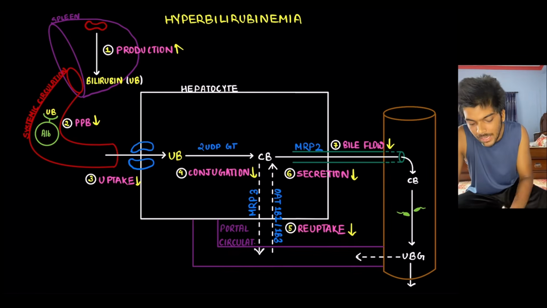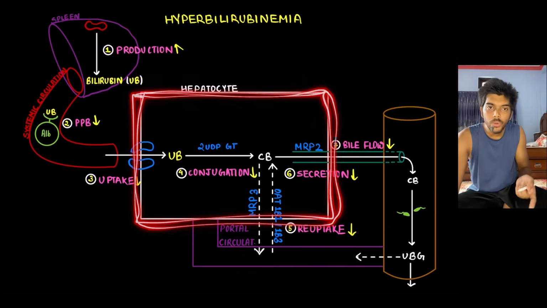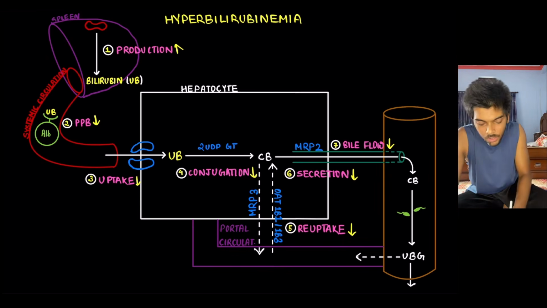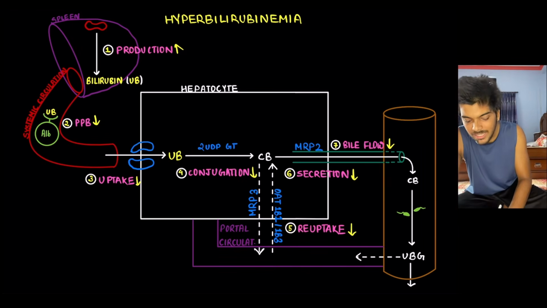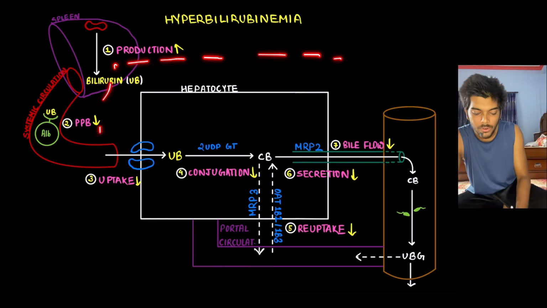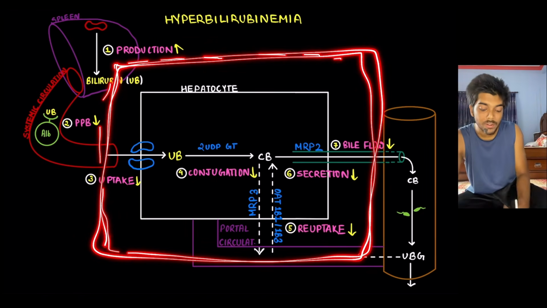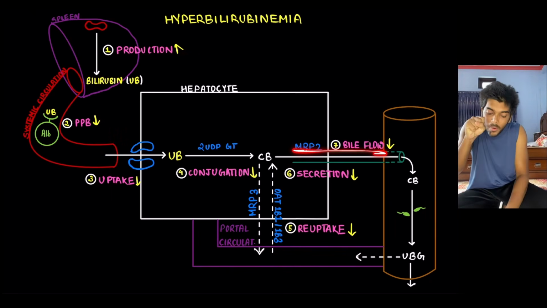Let's say inflammation of the hepatocyte cell right here takes place. Due to inflammation, there is loss of function of the cell. As a result, conjugation does not take place, and there is accumulation of unconjugated bilirubin in the blood. Good. Due to inflammation, there is an increment in the size of the hepatocyte. What happens due to the increase in size? It presses upon the outflow.